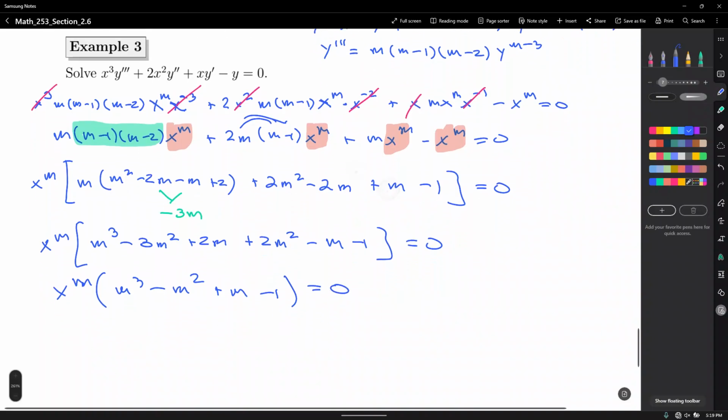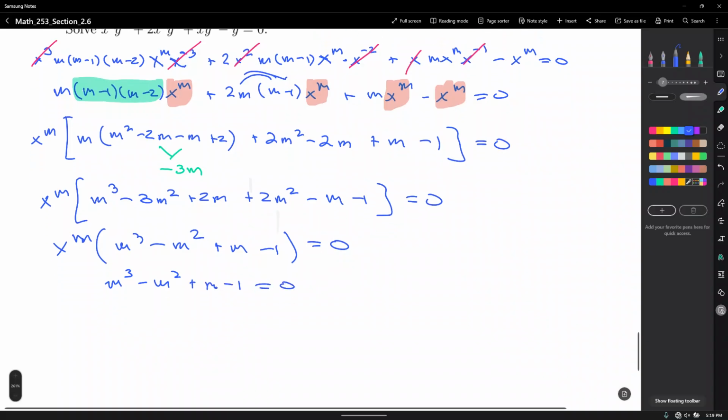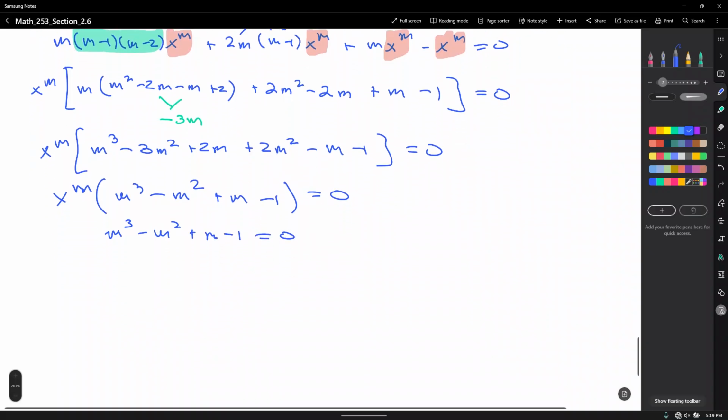All right? So from here, actually, we're going to solve the auxiliary equation, the polynomial in m, not x to the m. All right? So let's set m cubed minus m squared plus m minus 1 equal to 0. And well, any ideas how to factor this polynomial?